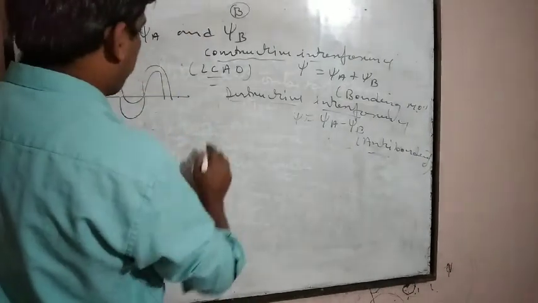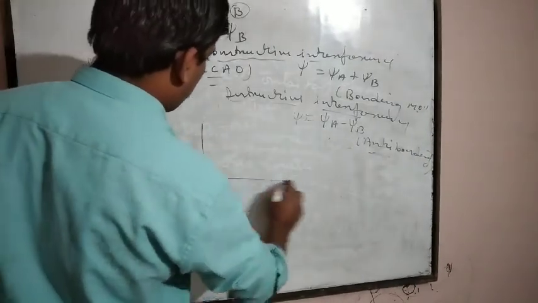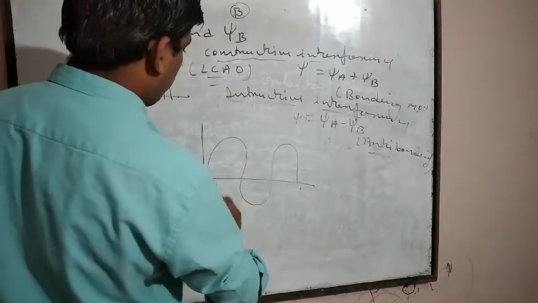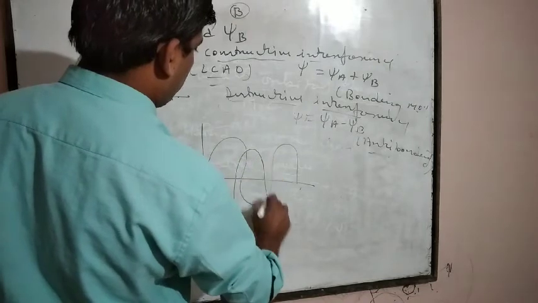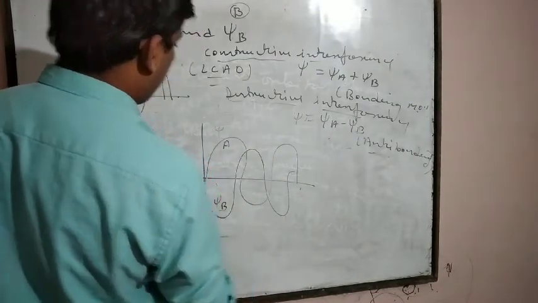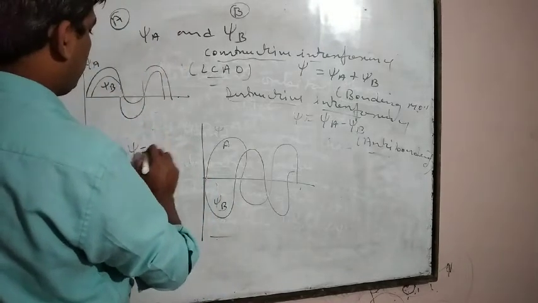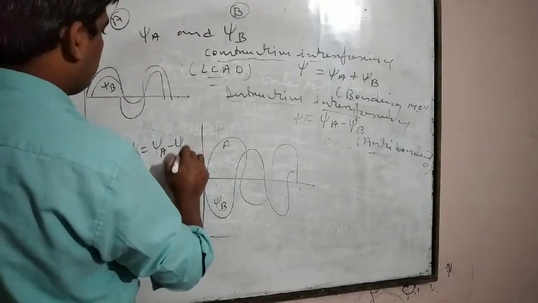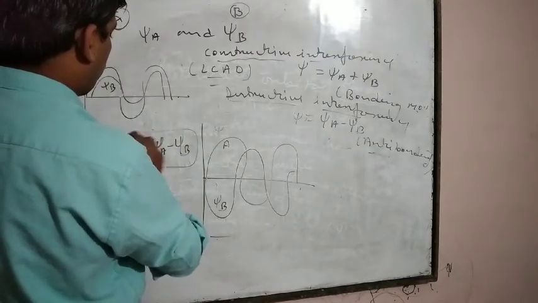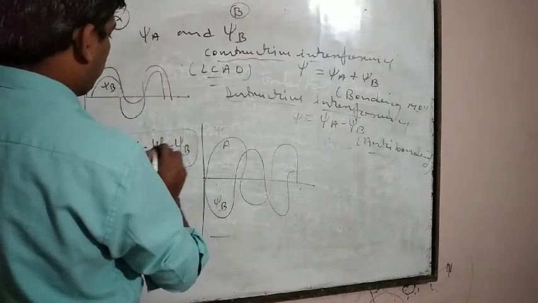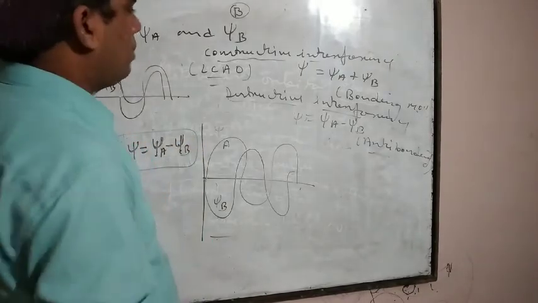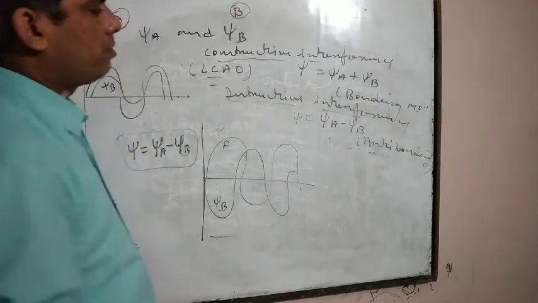The phases are opposite, psi a and psi b. And in this way, psi is equal to psi a minus psi b. This is destructive interference.